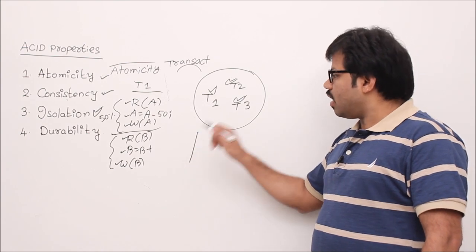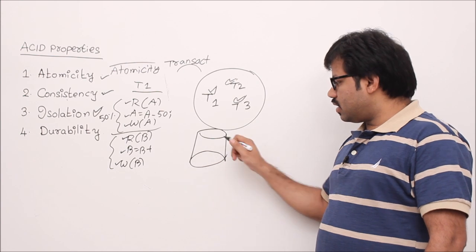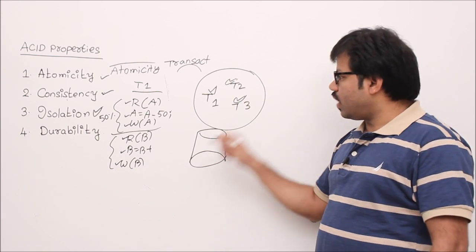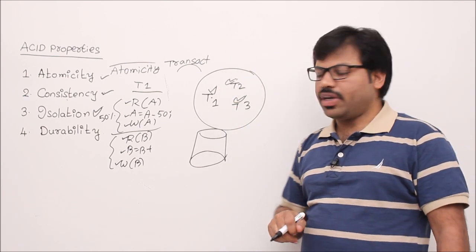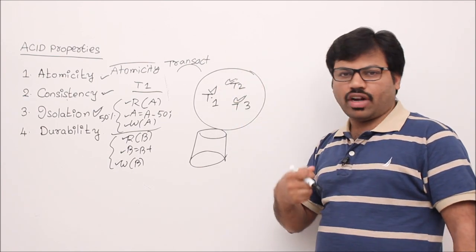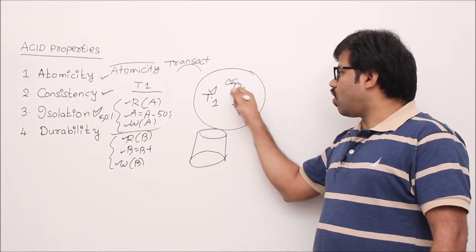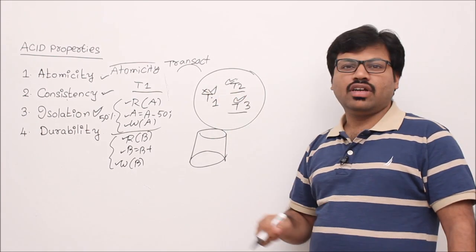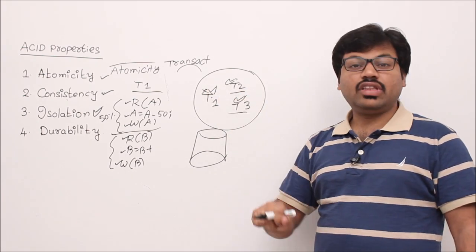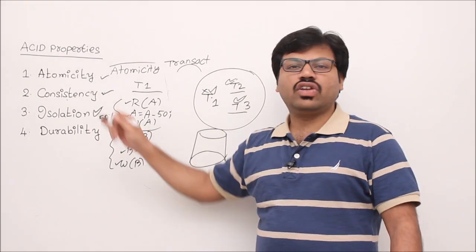Whatever the database state is when T1 is executed alone, the same thing should happen when T1 is executed in the concurrent world. But because of this concurrency, T2, T3 should not disturb transaction T1. They should not interfere with transaction T1's activities. Then we say that we are maintaining the isolation property.